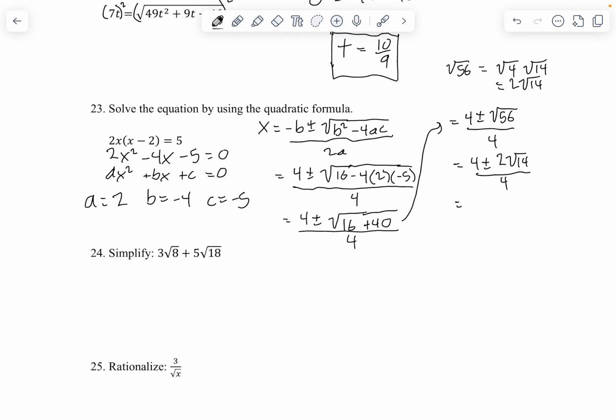I can factor out a 2 on top, so I get 2 times 2 plus or minus the square root of 14 over 4. And then that 2 can divide into the 4 on the bottom. So at long last, I get x equals 2 plus or minus the square root of 14 over 2 as my final answer right there.